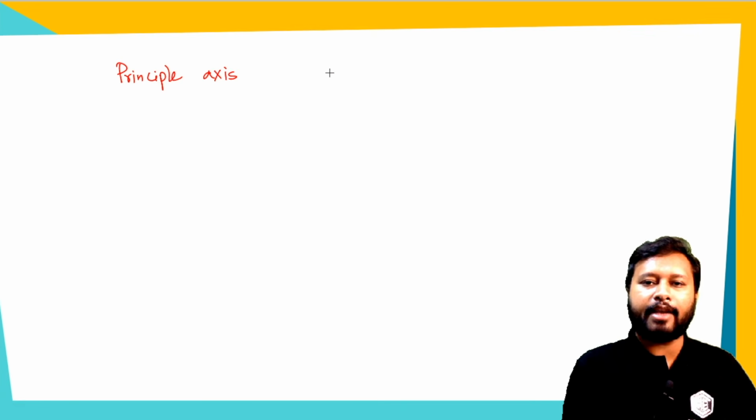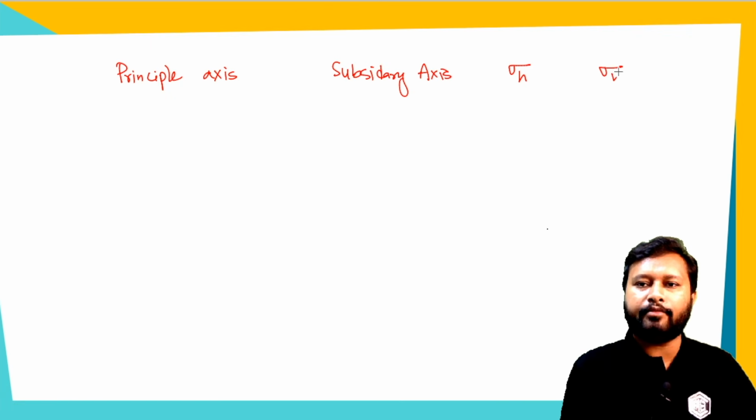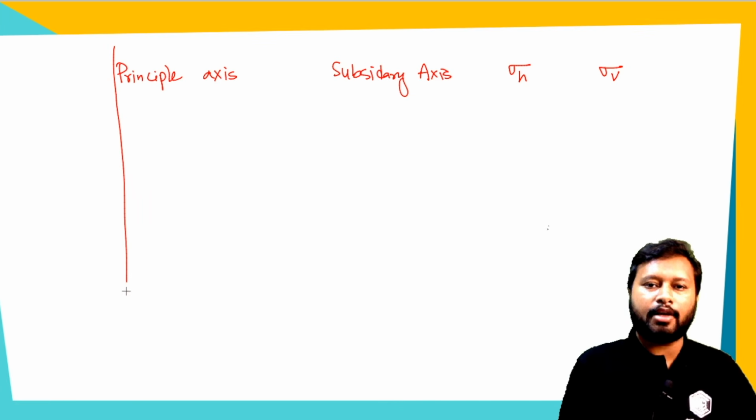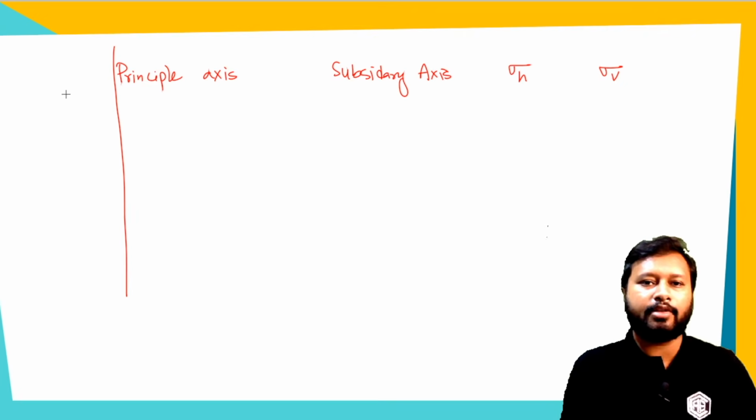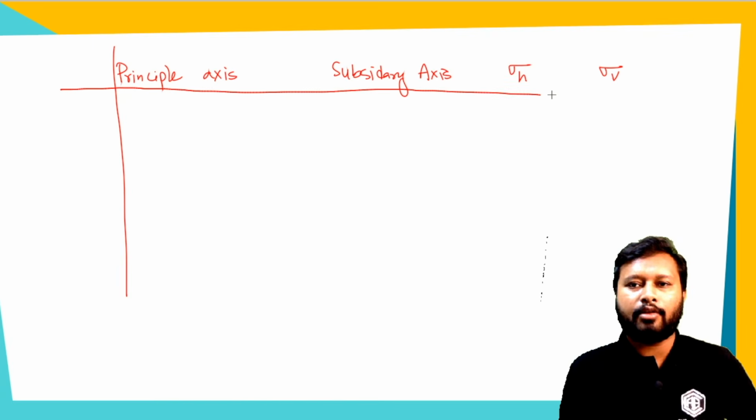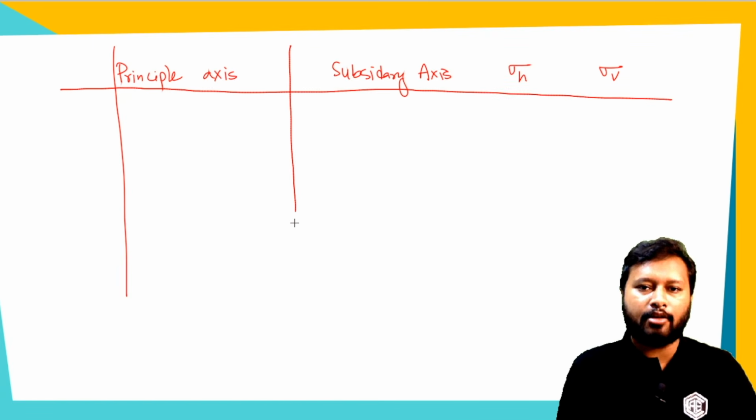Okay, so let's say you have a principal axis, subsidiary axis, sigma h and sigma v. Let's make a quick table and we will write down everything with respect to that. Whatever we have, I will make a tick on that.